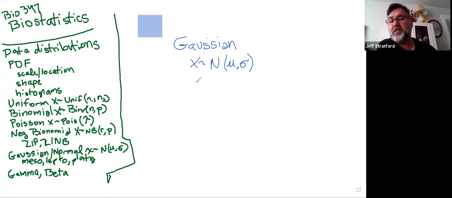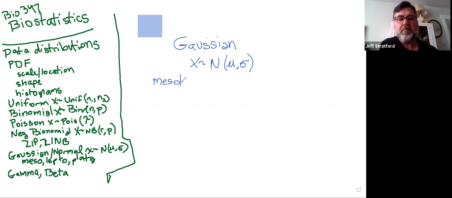Like I said, there are equations that go with this. I don't want you to know it. I'm not going to give it to you. If you're super curious, you can look up the PDF of the Gaussian distribution. Of course, it'll include these things, but you just need two parameters to describe it: where the mean is and then the shape of the curve.